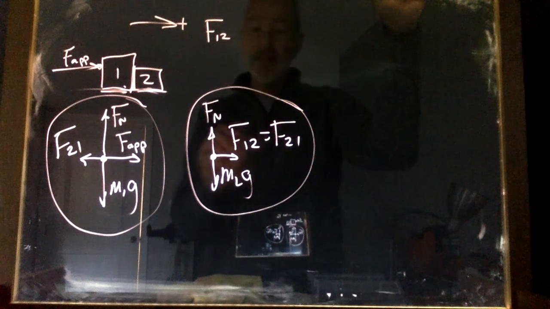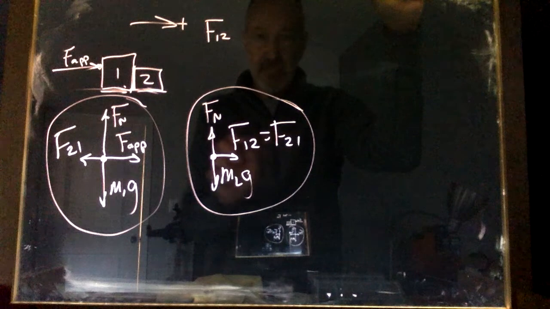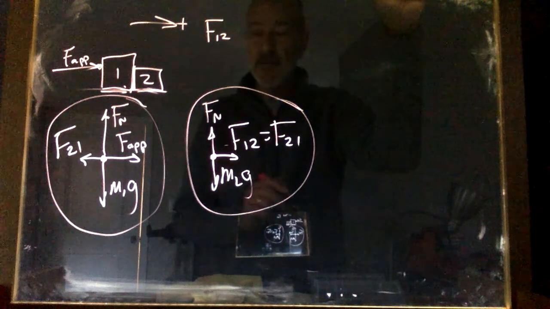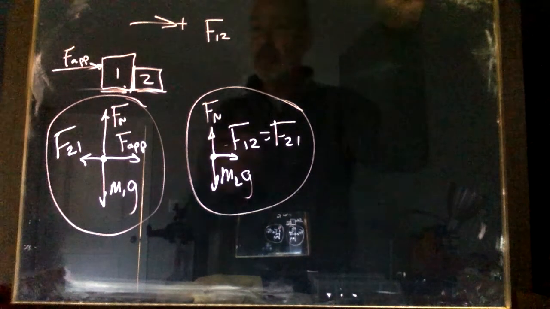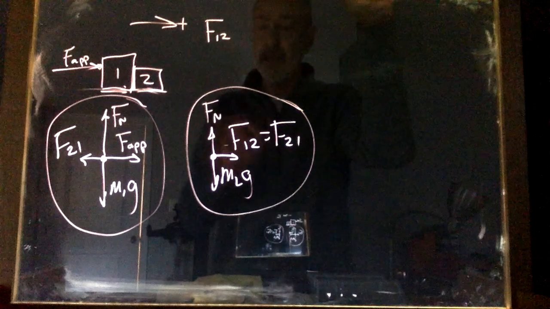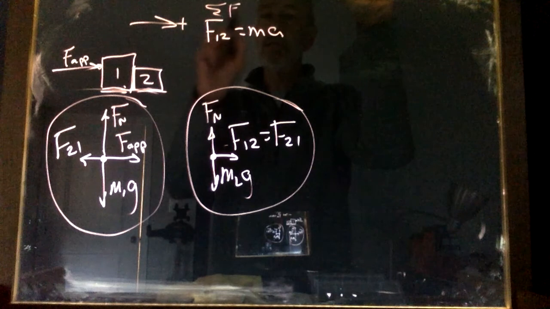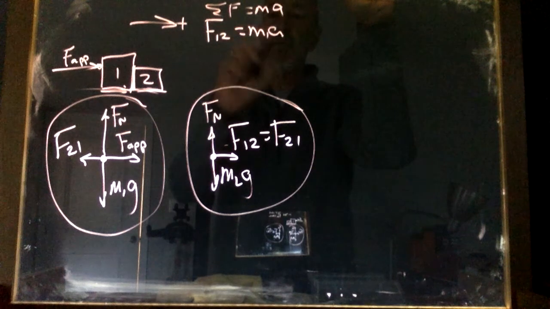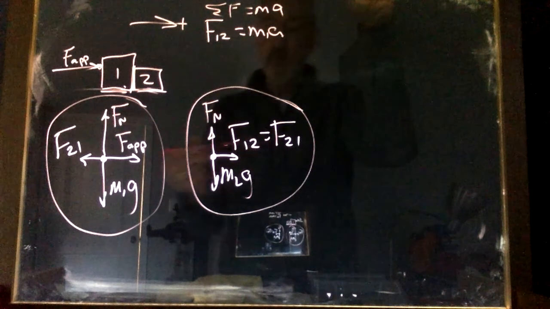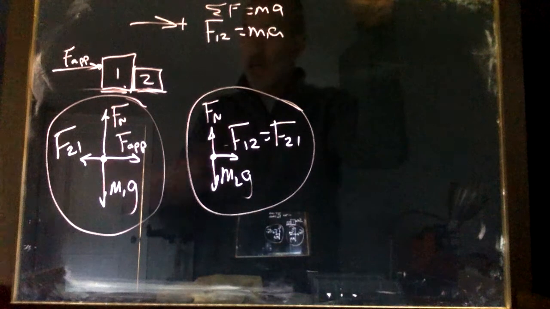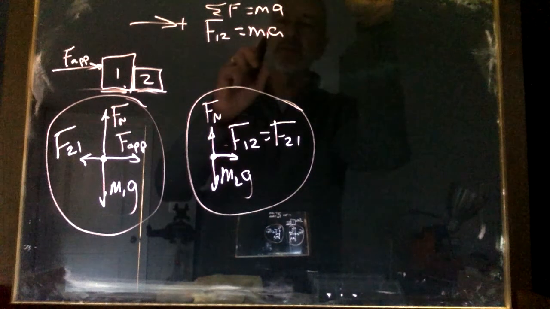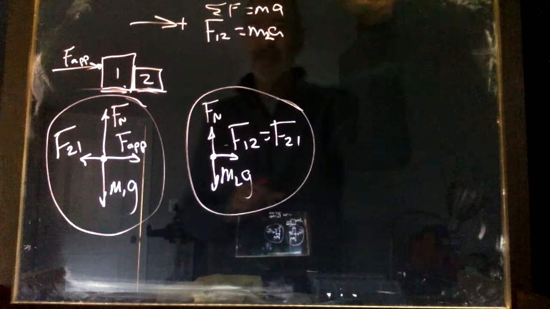Oh, and by the way, the sizes are the same. The direction's different, but I'm drawing that with an arrow. And let's call both of them equal to F12, the same thing. So F12 equals ma. Sum of forces equals ma. I'm sorry, I've got this exactly wrong. This is object 2, m2a.